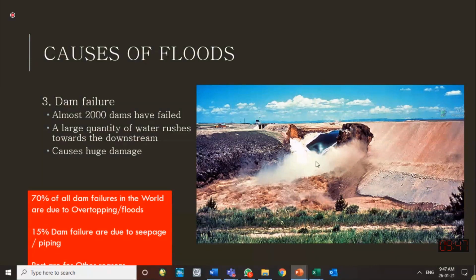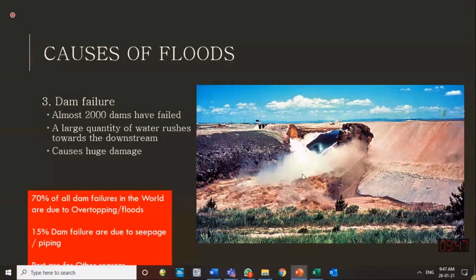So here is the event of the dam break shown on the right hand side. There is a dam, and I think this was a dam known as the Teton Dam in the USA. In the 70s, this was broken, I think. Initially piping starts. Piping means seepage through the body of the dam.